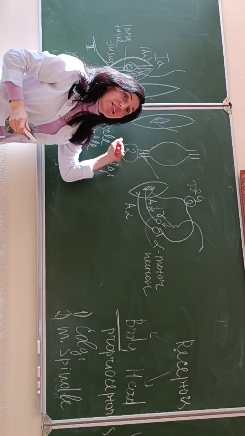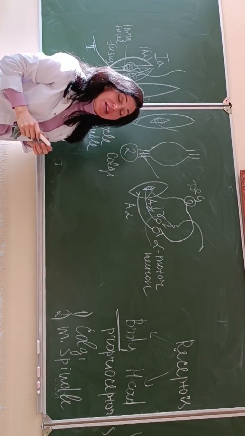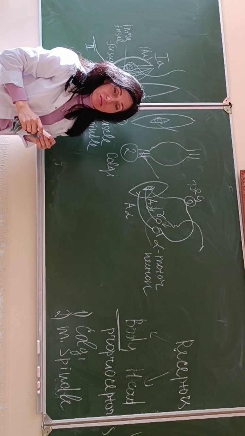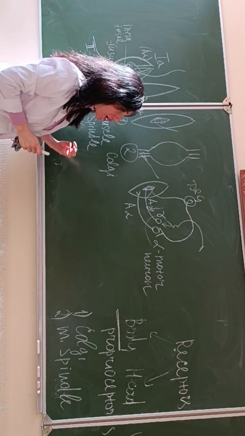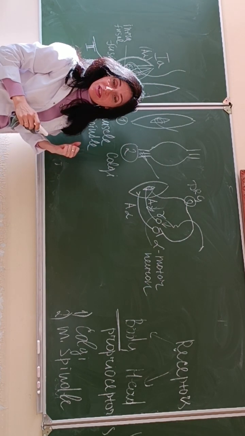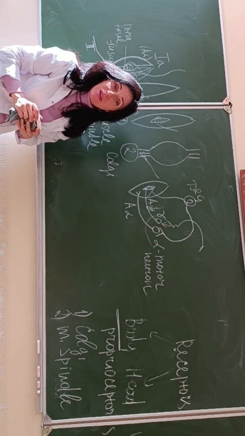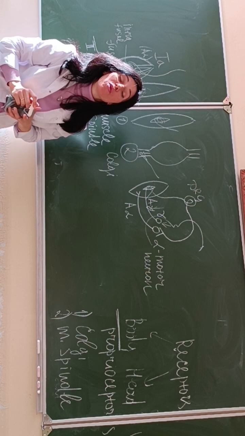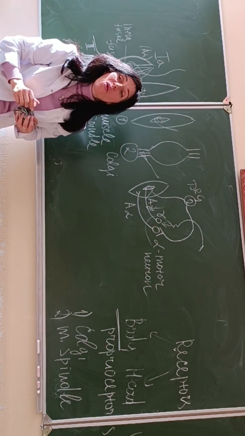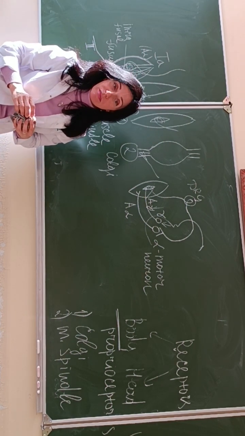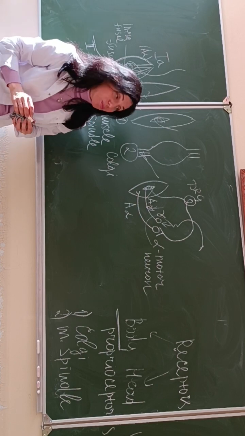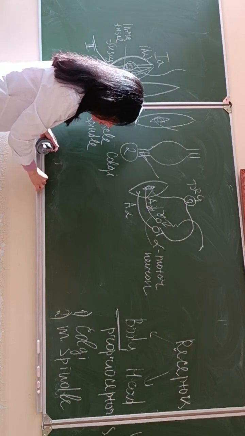Can this stimulation increase muscle tone and provoke muscle contraction or not? If you stimulate only gamma motor neuron, I think no. No, it's possible. It's possible, due to the gamma loop.